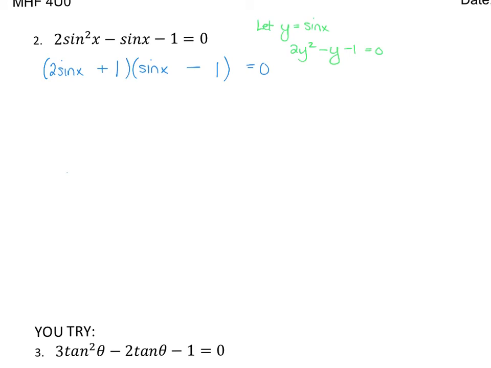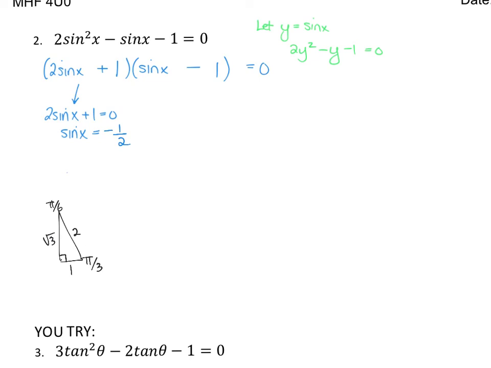Okay, so let's go ahead and solve each piece. This piece on the left here becomes sine x equals negative half. So I know a half comes from my special triangle that looks like this. This is my pi over 3. This is pi over 6, 1, root 3, 2.